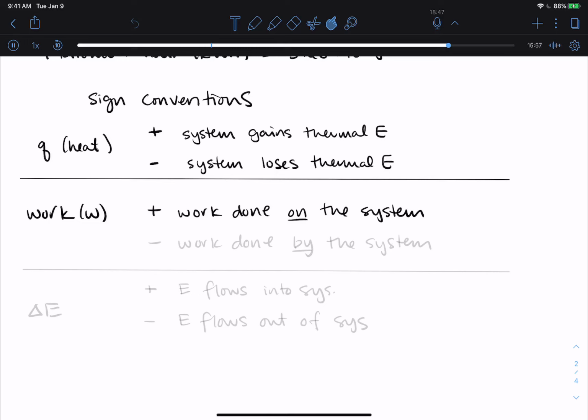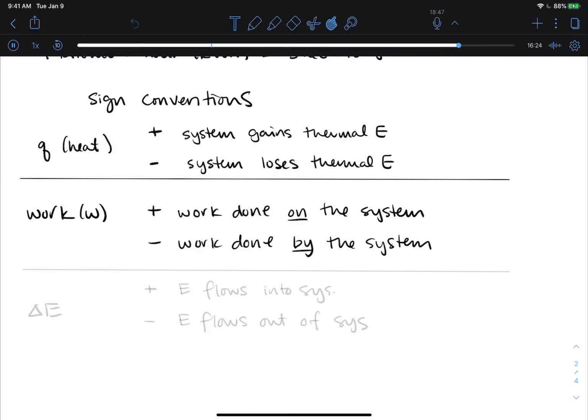A negative value for work is work done by the system. So the trick here is that you just have to watch out if the problem is starting to define things in terms of the surroundings, because work done on the surroundings was done by the system. So the wording is extremely important.